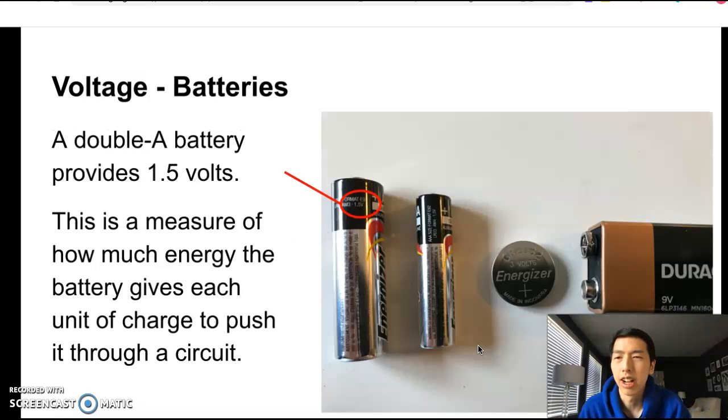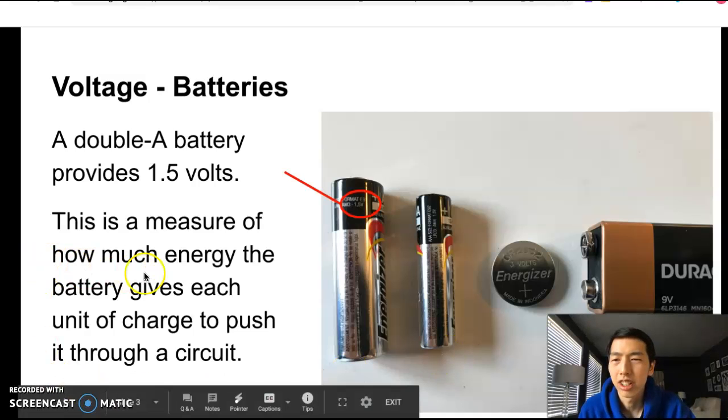Okay, so I gave a complicated definition here, but a more simplified version to explain what voltage means, it's the amount of energy, okay? The amount of energy that a battery gives each unit of charge to push it through a circuit.